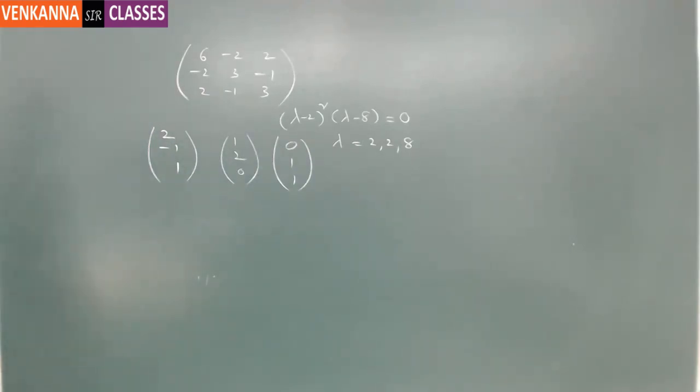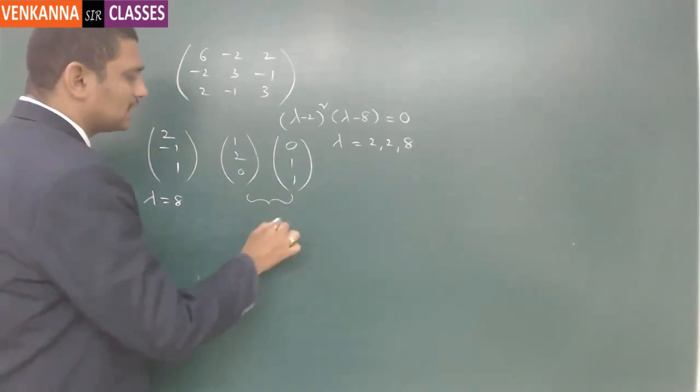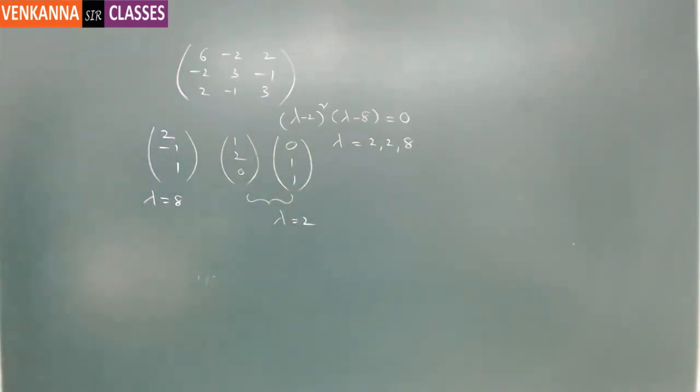This vector happened for lambda equal to 8 and these two vectors happened for lambda equal to 2. So is the calculation of eigenvectors required one more time? No need.